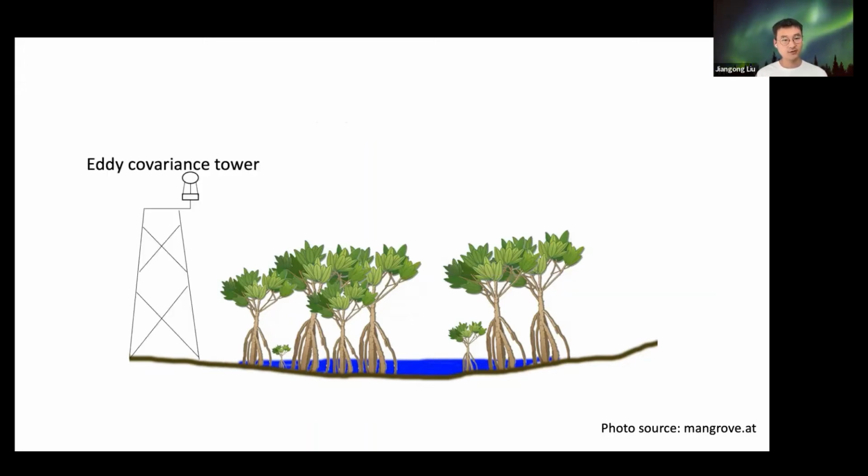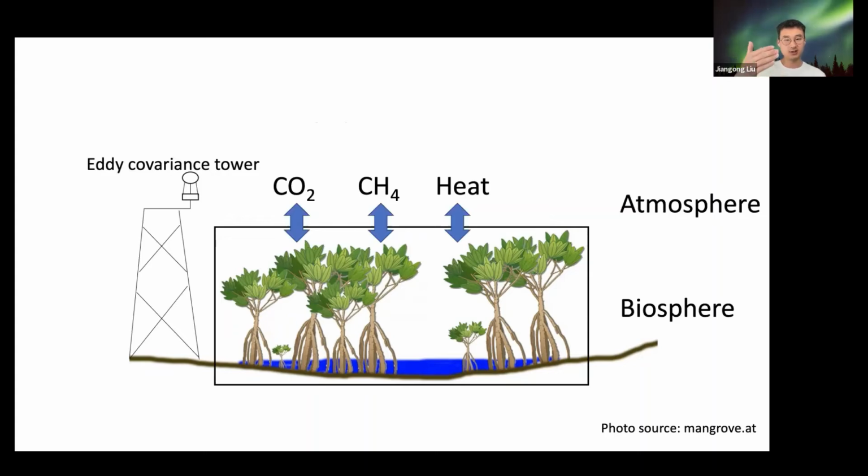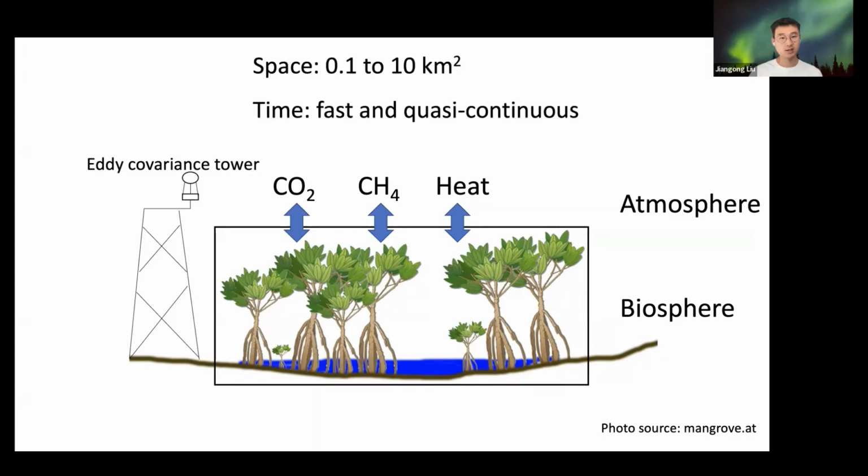The good thing about the eddy covariance tower is that it can monitor the whole ecosystem and the direct exchange of gas and energy between the atmosphere and the biosphere, and it has reasonable coverage in space and time, especially time.